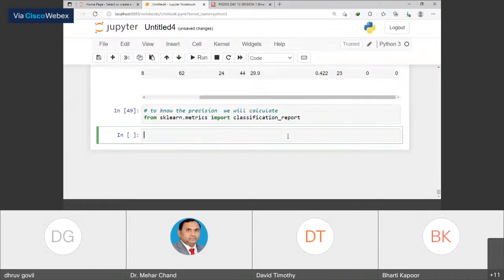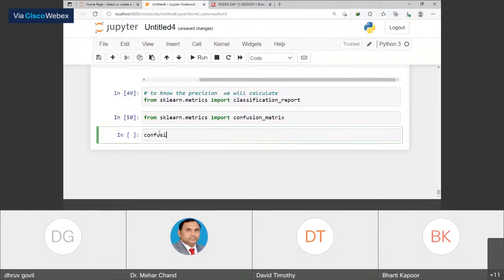So now again from classification report we have to, from sklearn dot, common.